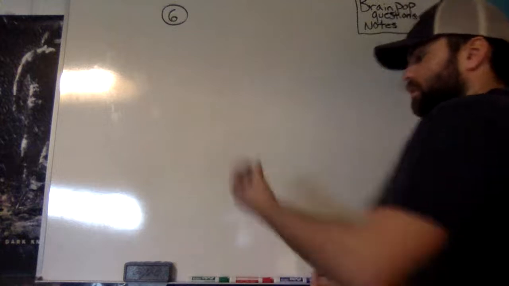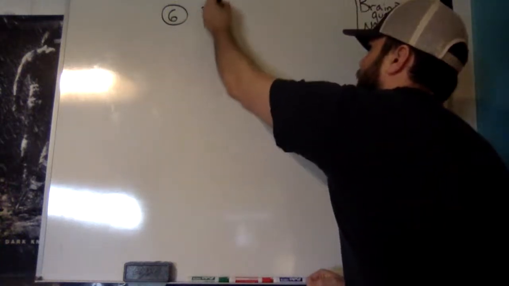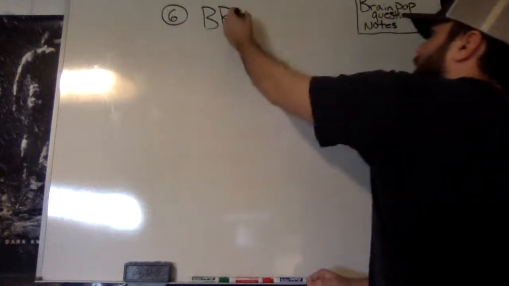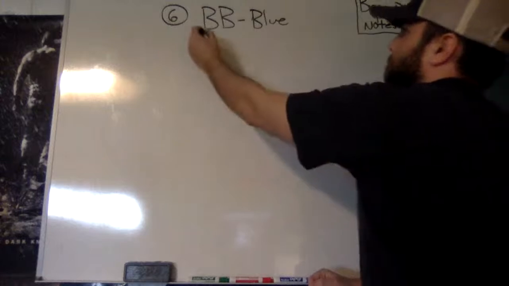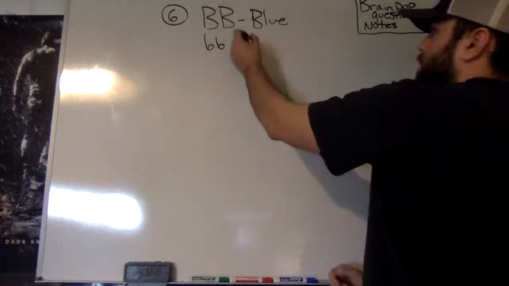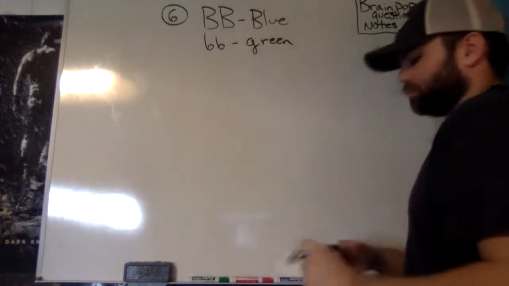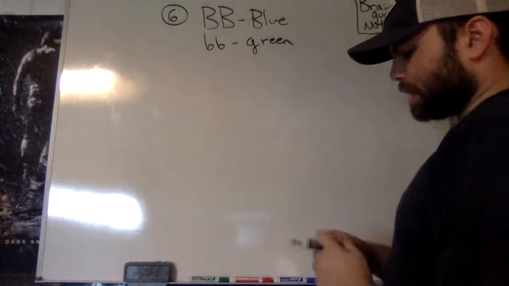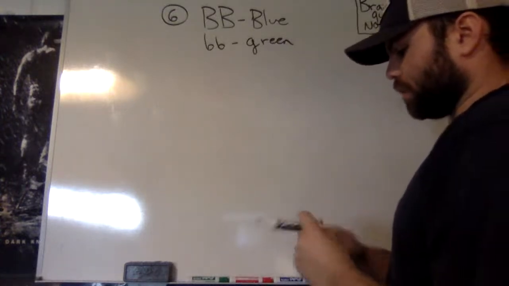So Squidward, if he's dominant, purebred, he's going to be BB. And that's for blue. But who he marries is lowercase, and it's recessive, and that's for green. Okay? So it says list the possible phenotypes and genotypes for their children.